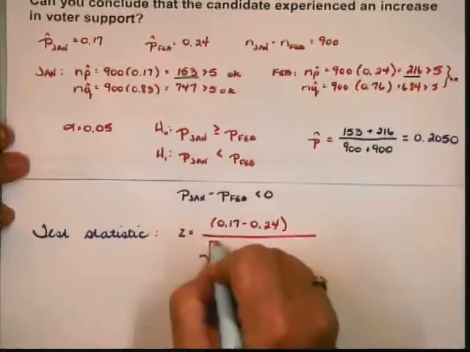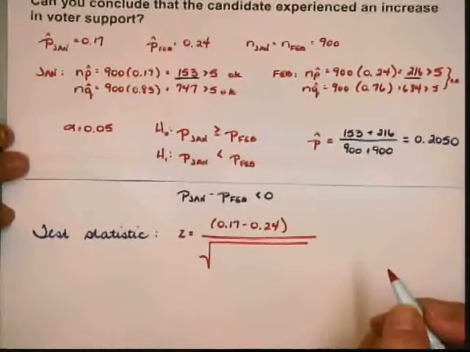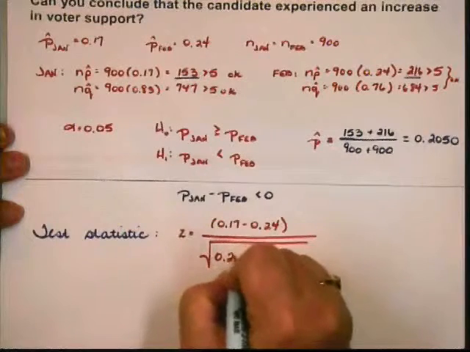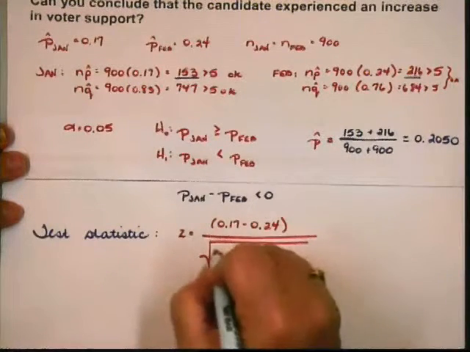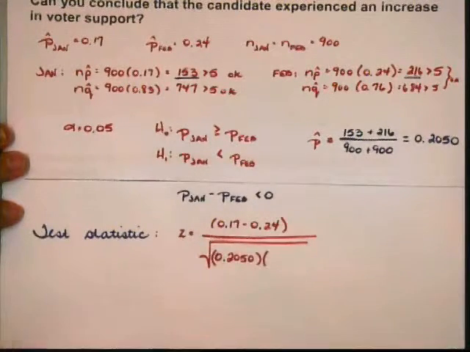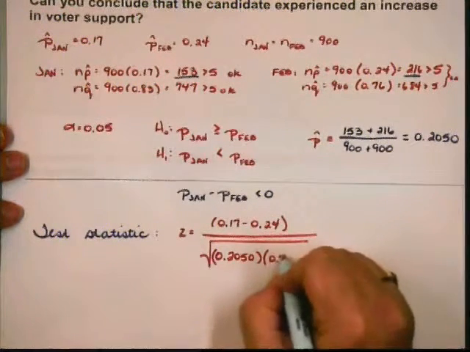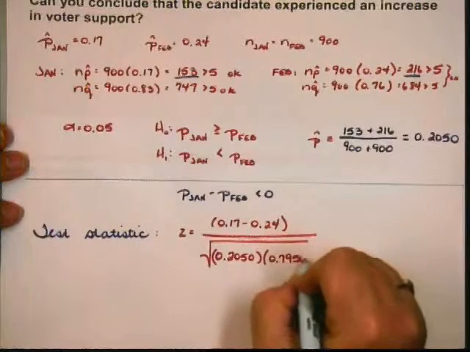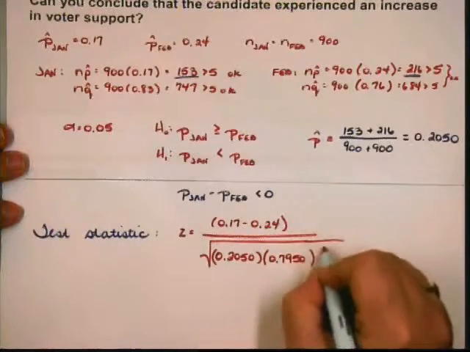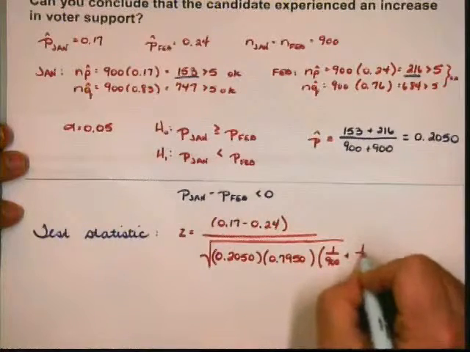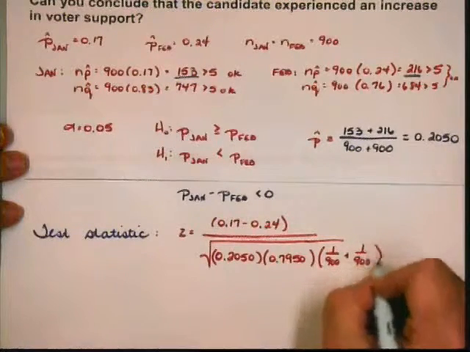Divided by the square root of the quantity, still imposing the condition of the null hypothesis, puts this 0.2050 in the denominator times the quantity 1 minus 0.2050, that would be 0.7950, times the quantity 1 over 900 plus 1 over 900.